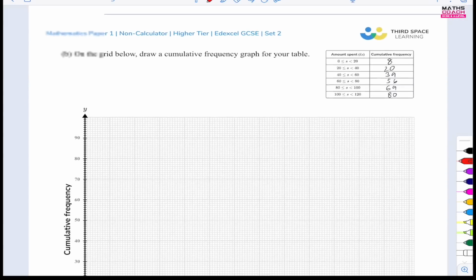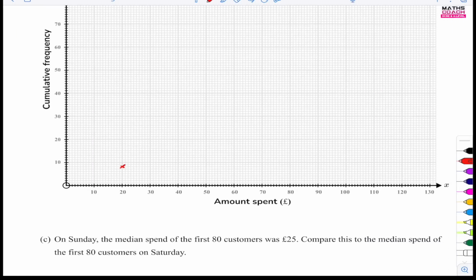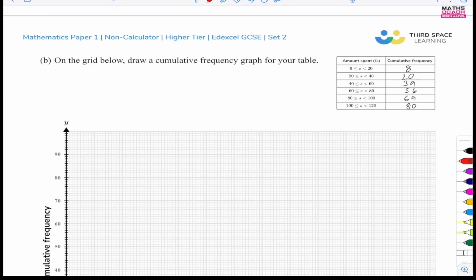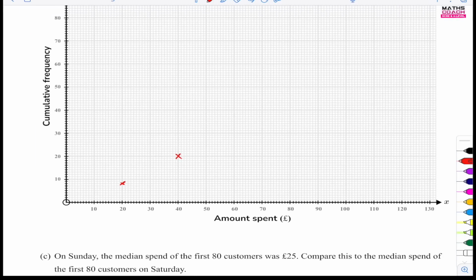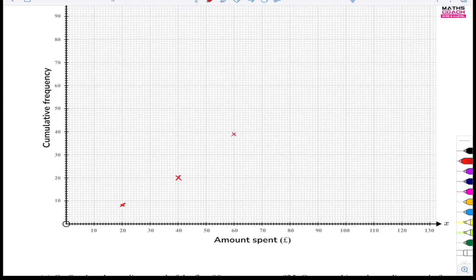The next one is going to be 20 at 40. So that's going to be 40 on the x-axis and 20 right there. After that, we're going to have 39 at 60. So at 60 on the x-axis, go and find 39, just under 40. And then we're going to have 56 at 80.